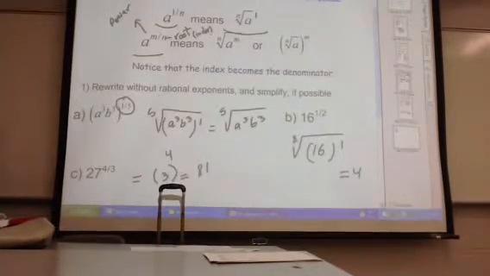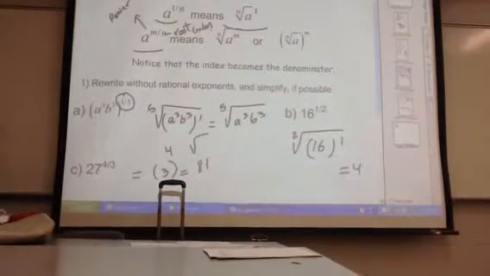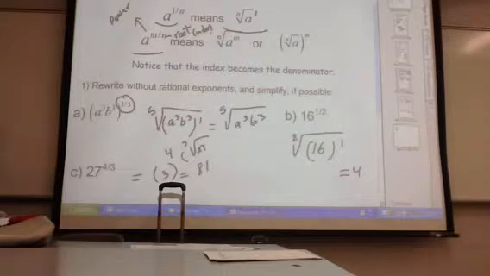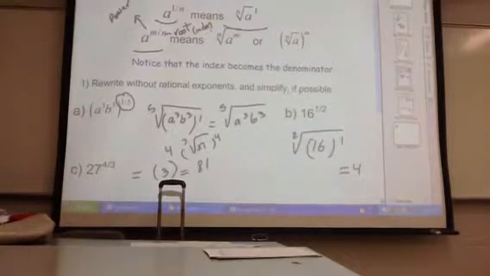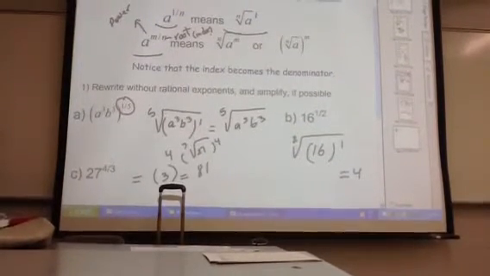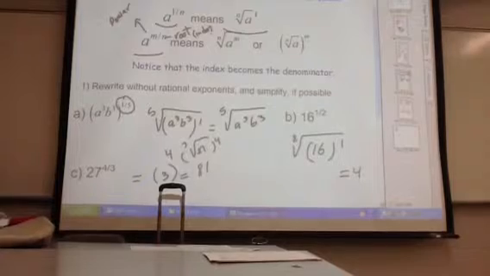You could write it like this: cube root of 27 and raise everything to the power of 4. Cube root of 27 is 3. And then raise it to the power of 4 is 81.